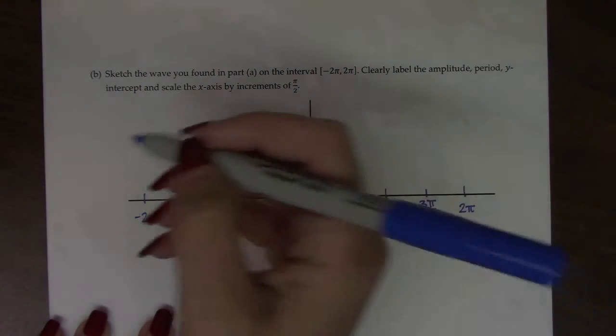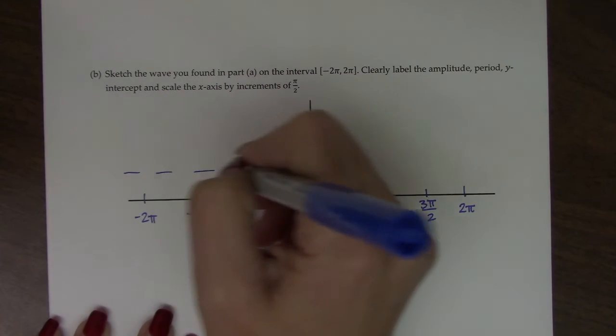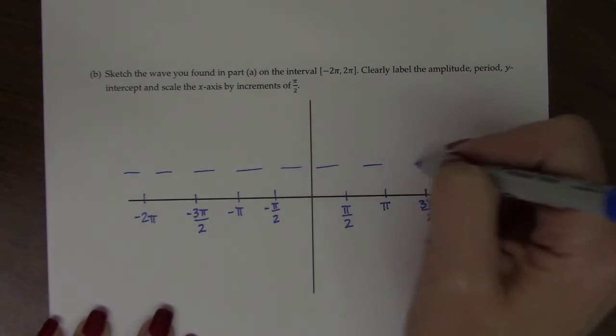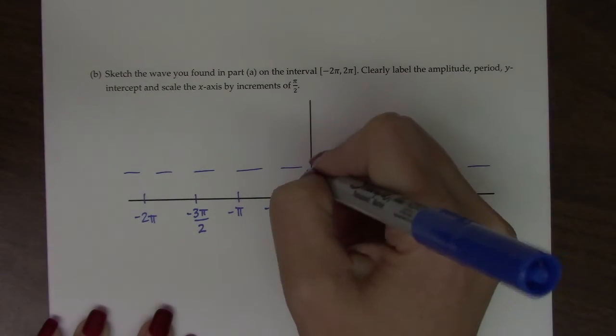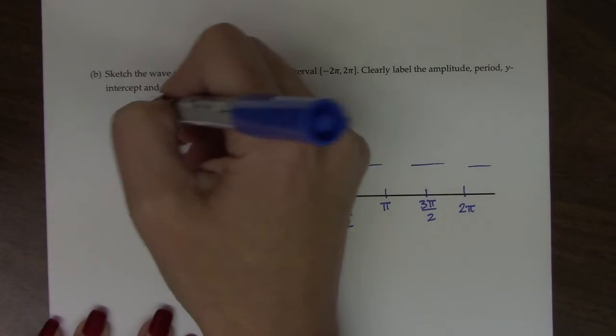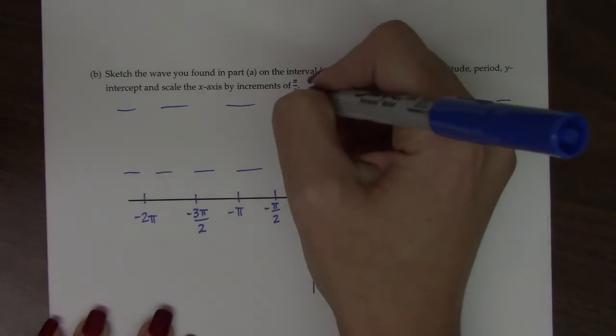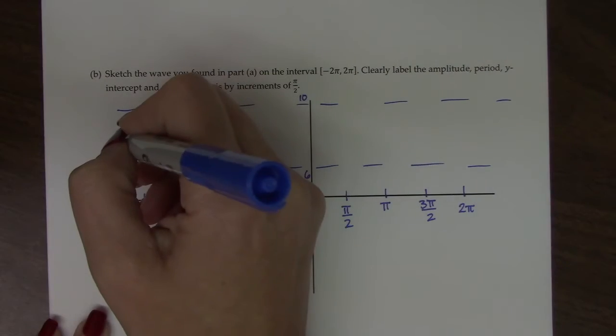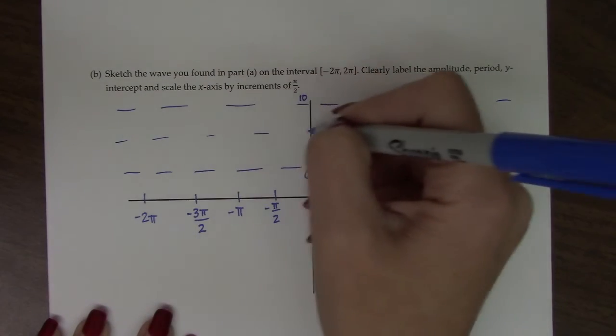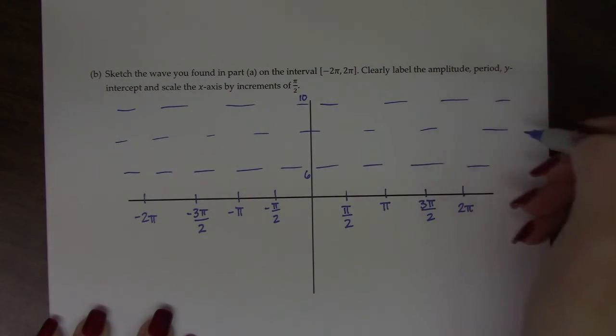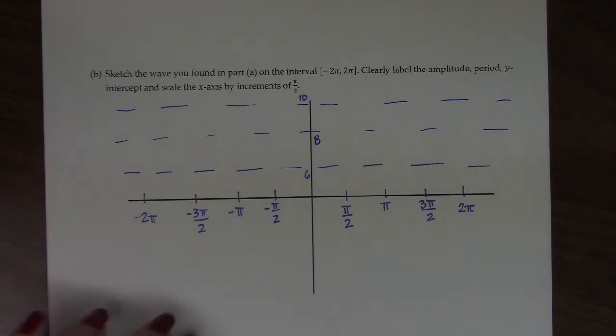So the wave is going between 6, so I'm just going to draw a line at 6, so that's the bottom of my wave. The top of my wave is at 10, and then I saw that my D, the middle of my wave, is at 8. So these 3 lines are just going to help me make sure I stay in my lane when I'm graphing this.